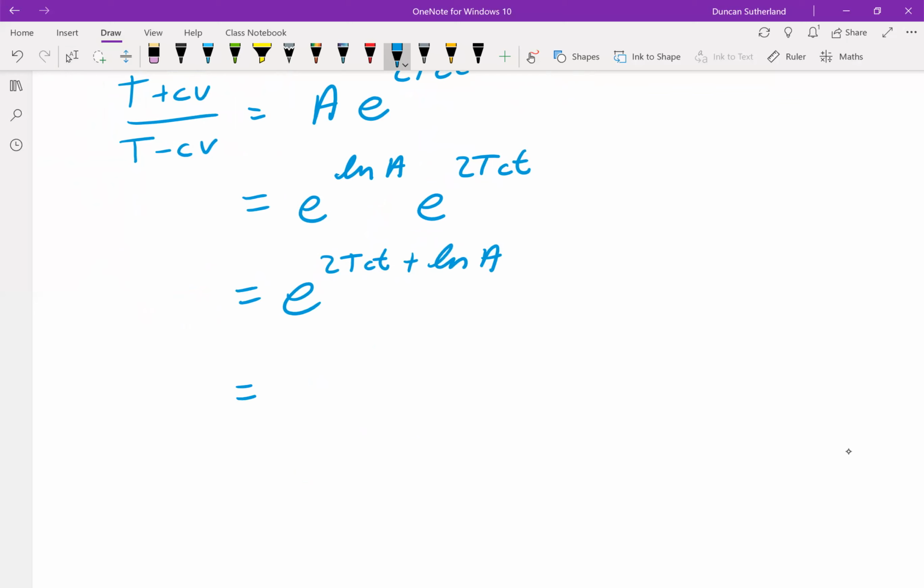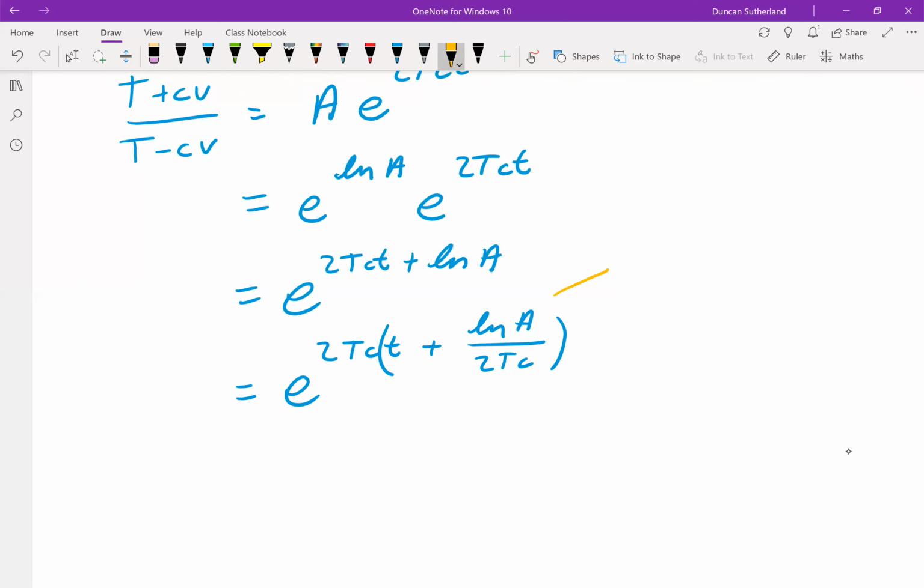That means that's also a constant, right? It's just pulling out convenient factors.